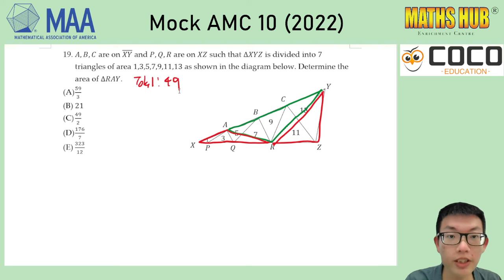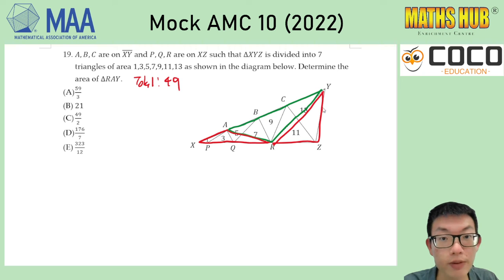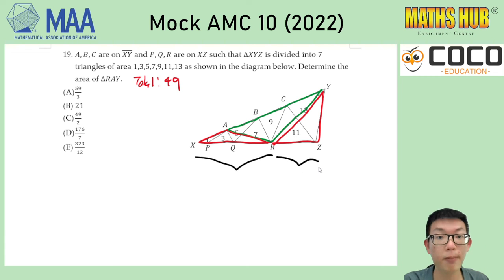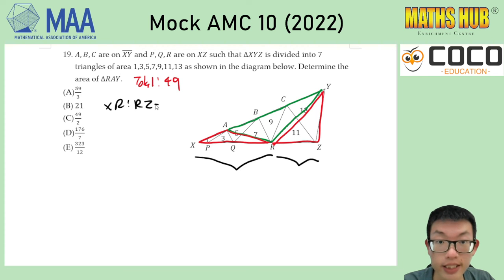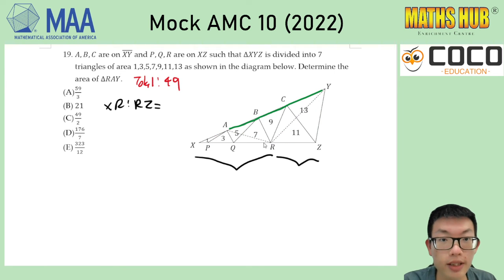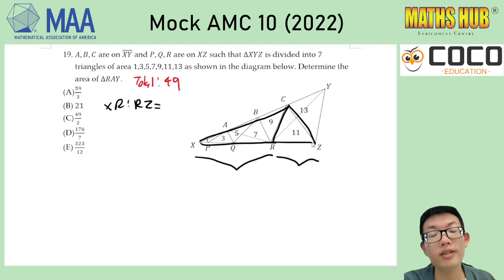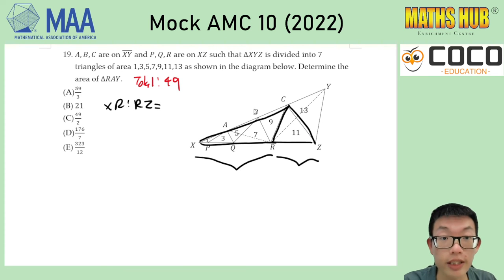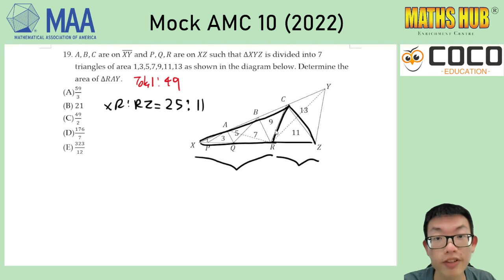Okay, so first of all, I can see RYZ actually shares one side with the original triangle. So that would be easy to find as long as I knew this ratio over here. And I can find that ratio. XR to RZ could be found, I'll erase everything for now, by comparing this triangle to this triangle. They have the same height, so the ratio of areas will be the ratio of the bases, which is 25:11.